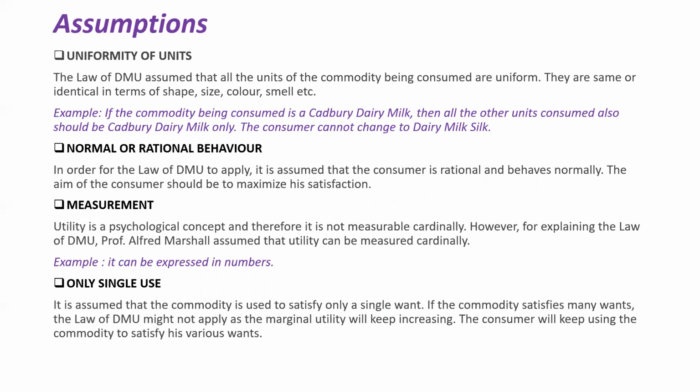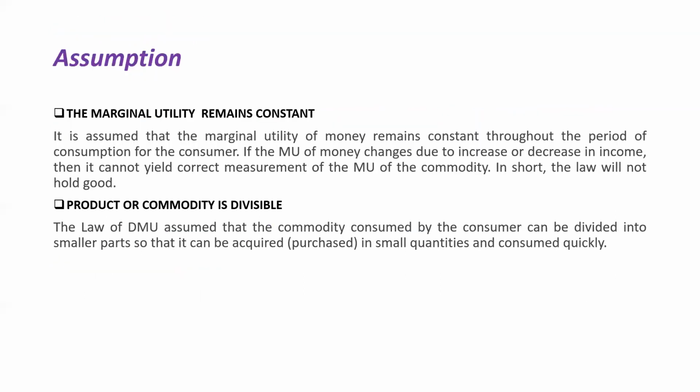Only single use. It is always assumed when we apply this law that the commodity is used to satisfy only a single want. If a commodity satisfies many wants, the law might not apply as marginal utility will keep increasing. The consumer will keep using the commodity to satisfy his various wants.